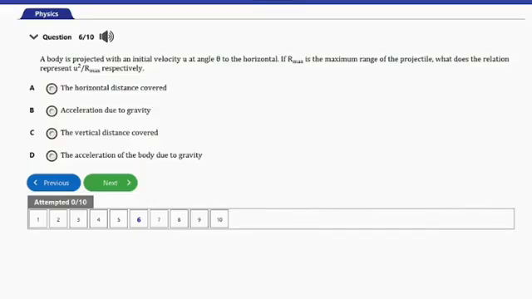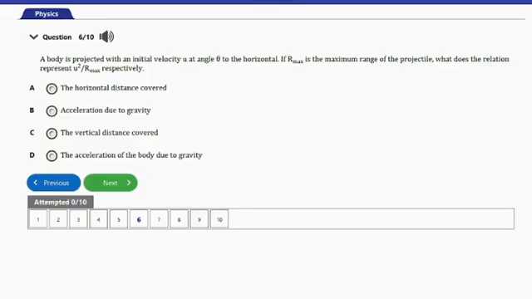So guys, for this question now particularly, we have to note that if angle theta is 45 degrees, then the equation u squared sine 2 theta over g will actually be u squared sine 90 over g, since 2 theta, which is 2 times 45, is 90.